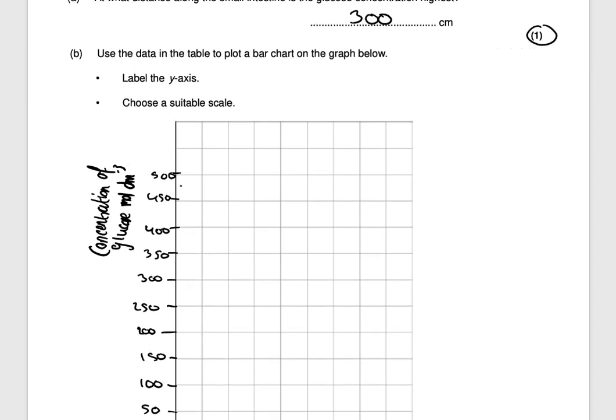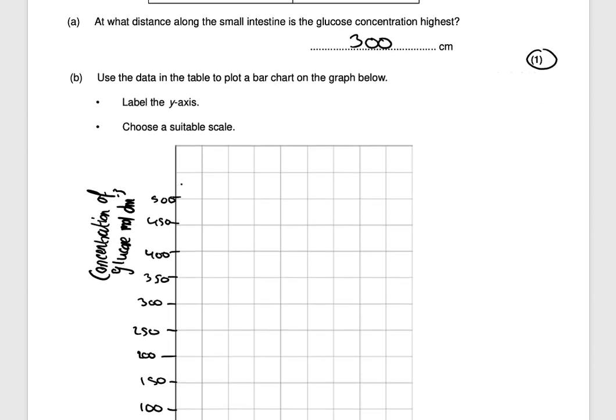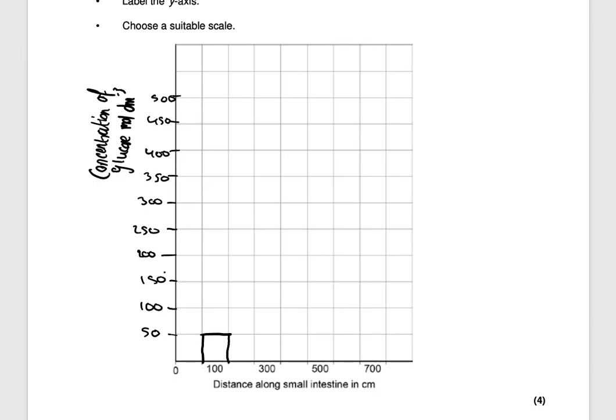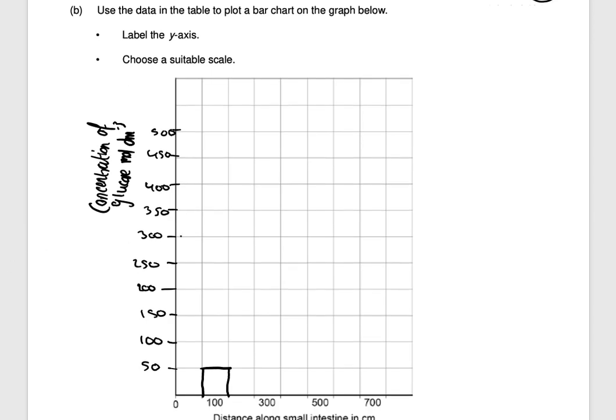Now we just need to plot it. So at 100 centimeters, it was 50. So let's just draw that bar. Okay, at 300 it was 500. So at 300 it goes all the way up to 500. So it goes all the way up to here.